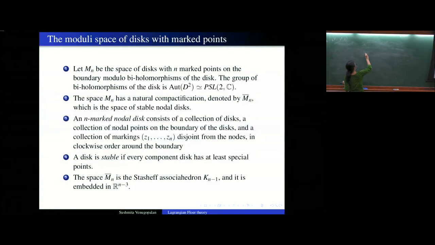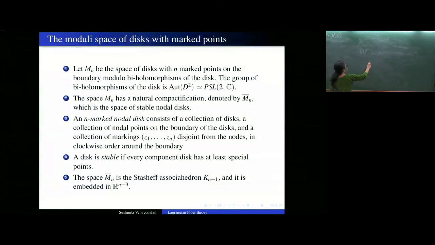By that I mean that I have a disk and n different points on the boundary, and this is equivalent to a disk where you have moved all these points by a biholomorphism of the disk, which preserves the boundary.